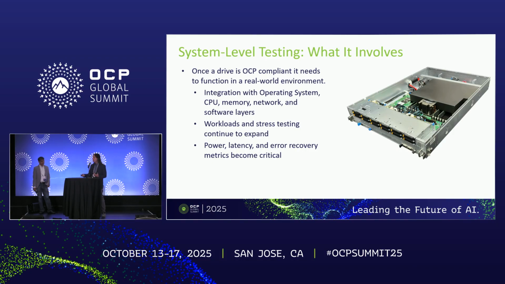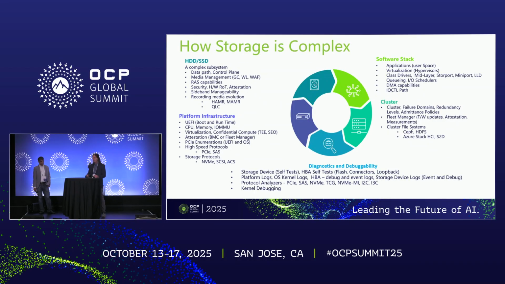I'm hearing more and more about all these different Ethernet technologies that are now impacting these workloads for hyperscale environments, and the need to be able to test in those types of environments with those types of workloads. So stress testing, workload testing, AI testing, very important. Then you get into the power, latency, and error recovery pieces. I'm going to turn it over to Chandra.